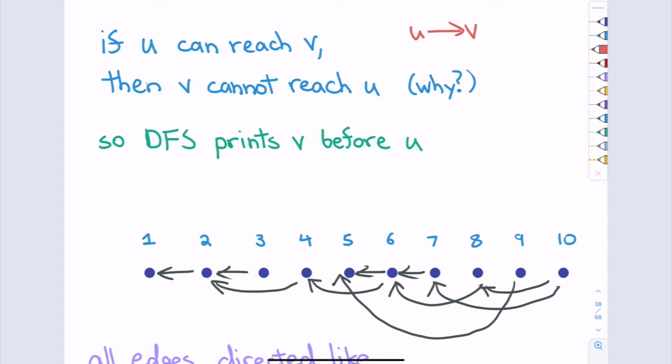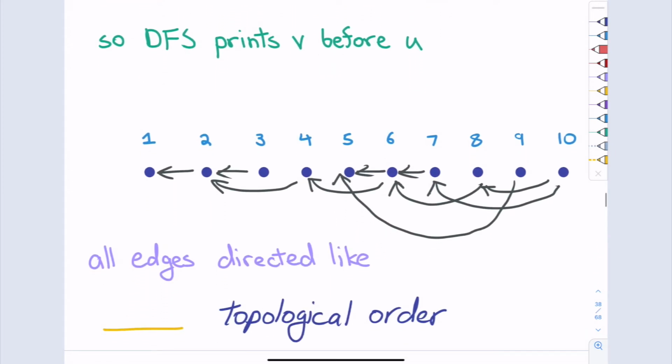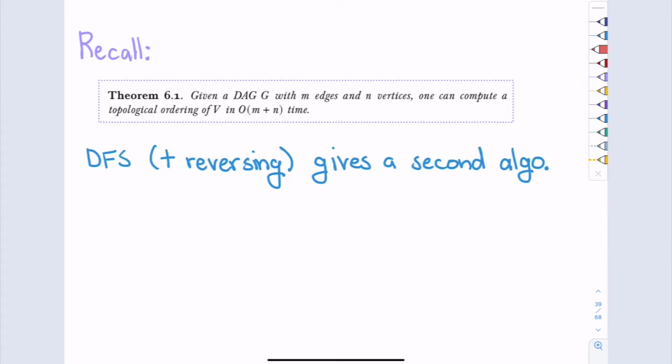So the post DFS order will actually give you a reverse topological ordering. It seems a silly way to do it compared to removing sources. That seems more straightforward. But nonetheless, it gives us a second algorithm for computing a topological ordering.